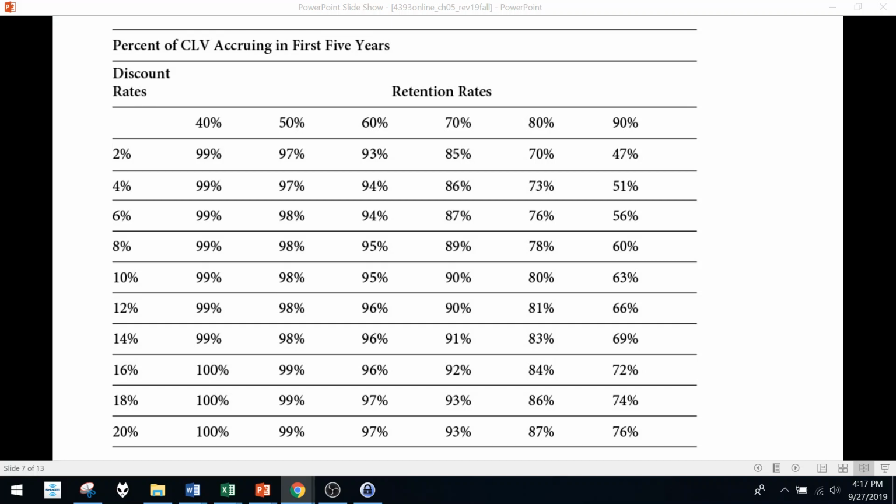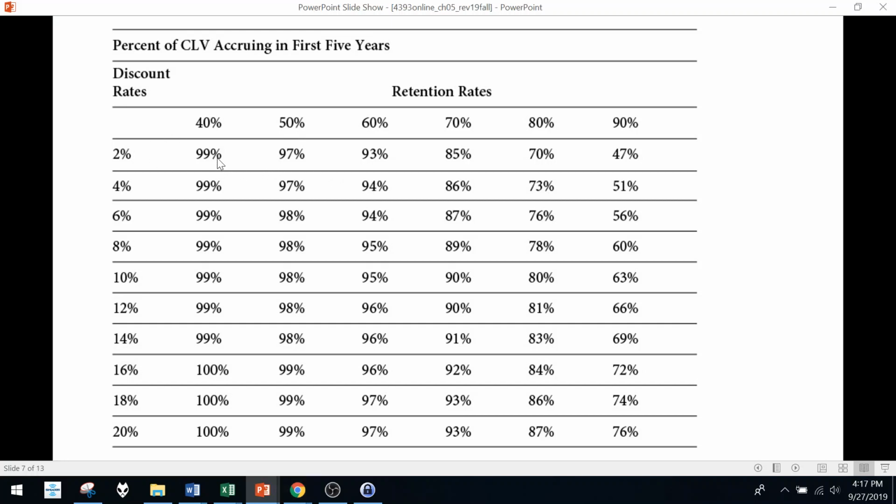Customer lifetime value assumes an infinite horizon. Okay, so you can kind of look at it going forward. Okay, discount rate is huge. Okay, this is a chart that shows the percentage of customer lifetime value that you accrue or achieve in the first 5 years, given retention rates and different discount rates.